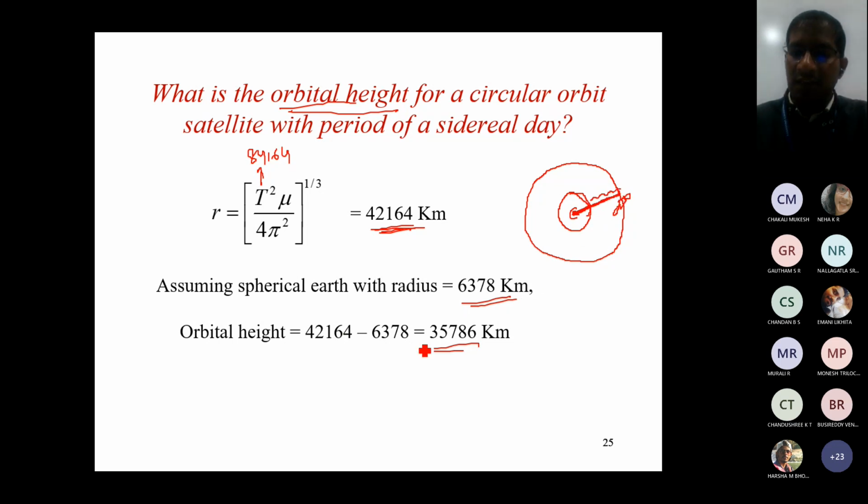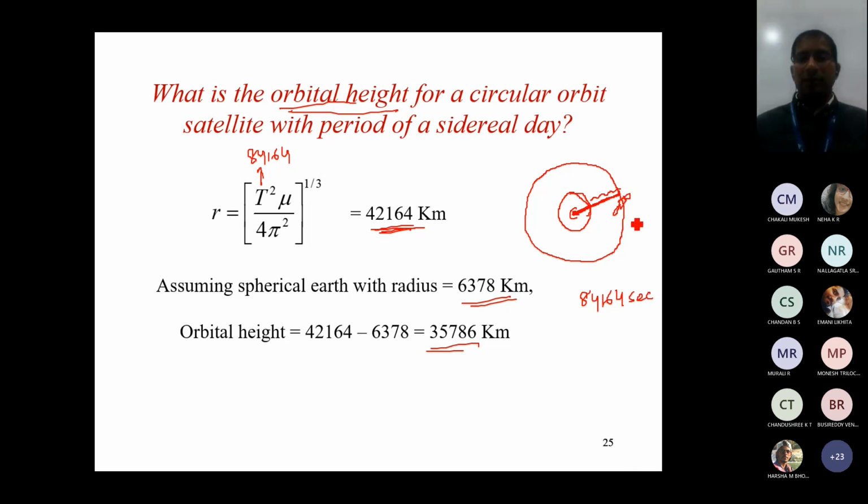So from the Earth's surface, at an altitude of around 36,000 kilometers, if a satellite is located there, that satellite will take one sidereal day, that is 84,164 seconds, to complete a 360-degree rotation.